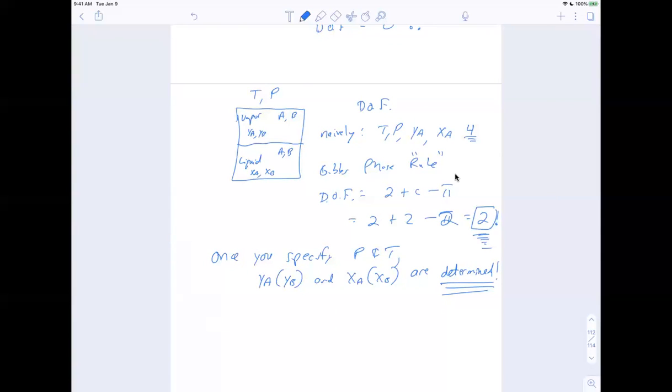And that's pretty remarkable because if, let's say, one of your components, B, is a high value product from your chemical reaction, and you want to have that in a particularly high concentration in either phase, well, you're stuck with whatever the experimental conditions allow.